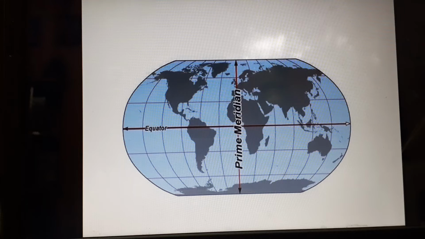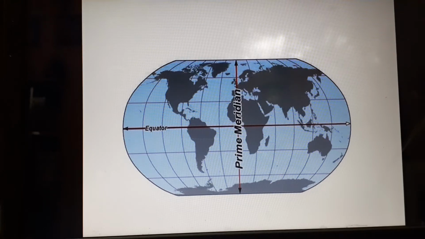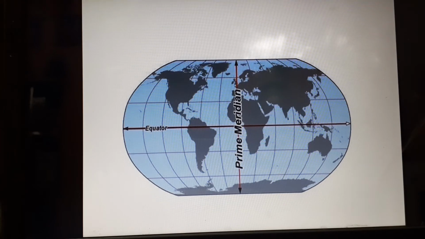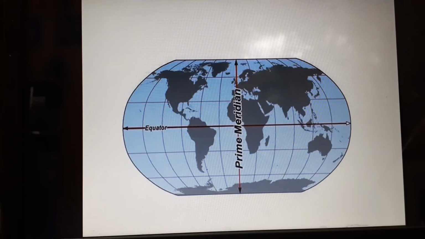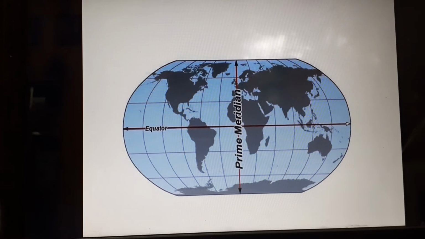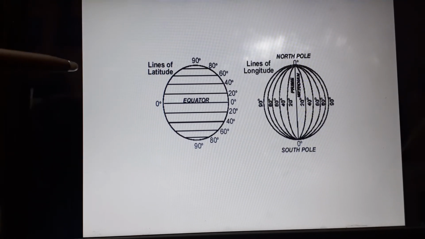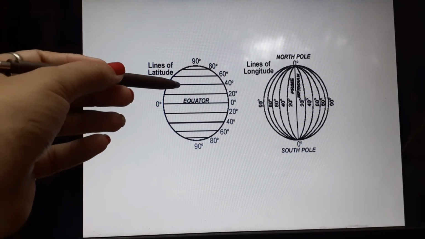To make things simpler on the map, we have the concept of certain imaginary lines. So, the equator is one such imaginary line, and now we will see there are other imaginary lines which are located on the earth.